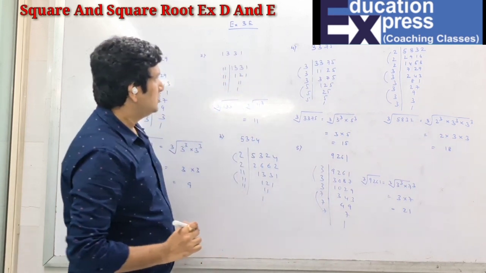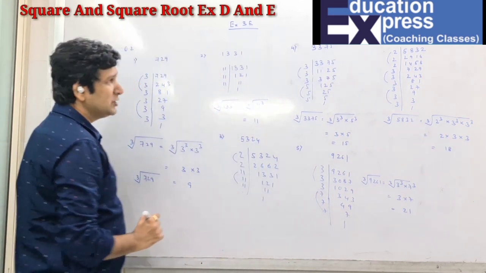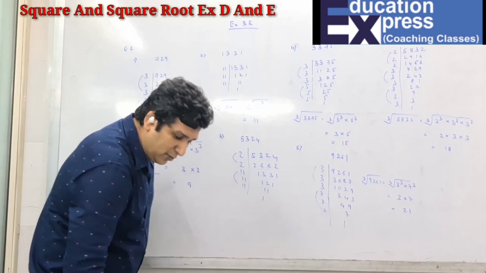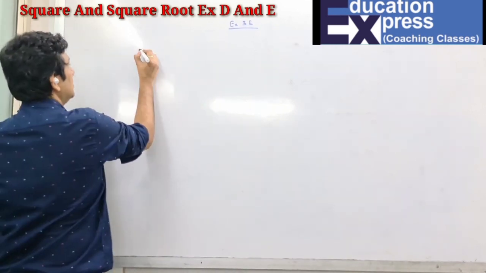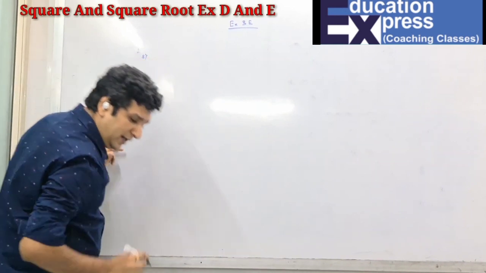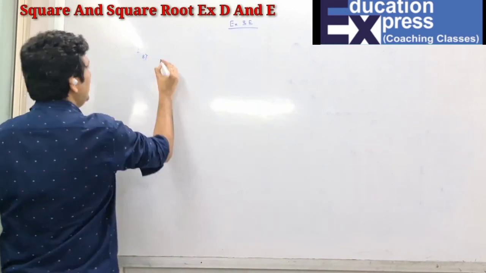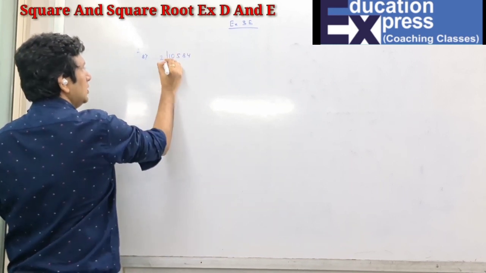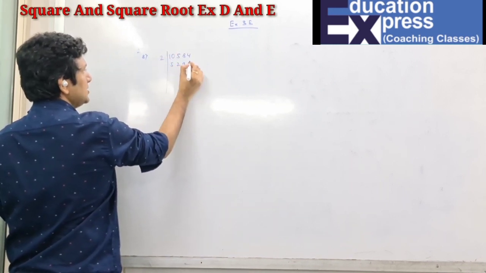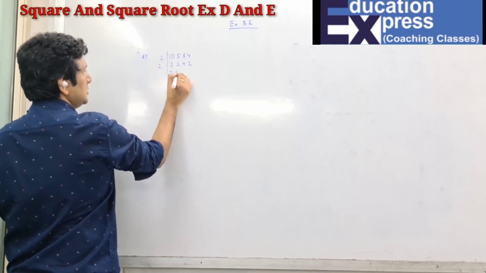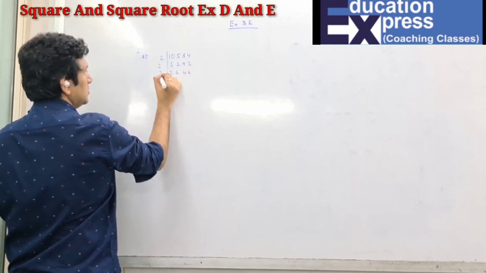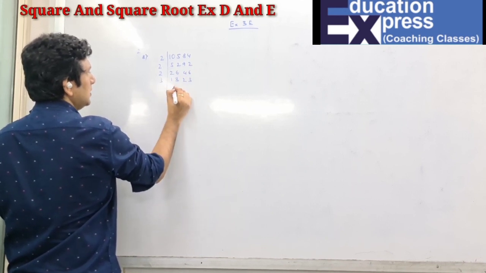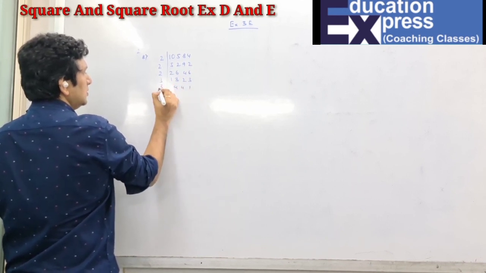So till now we have finished 6 parts. Now we'll be doing 8. Part 7 you will try by yourself. Eighth part I'll be doing right now. 10584. Same way again.